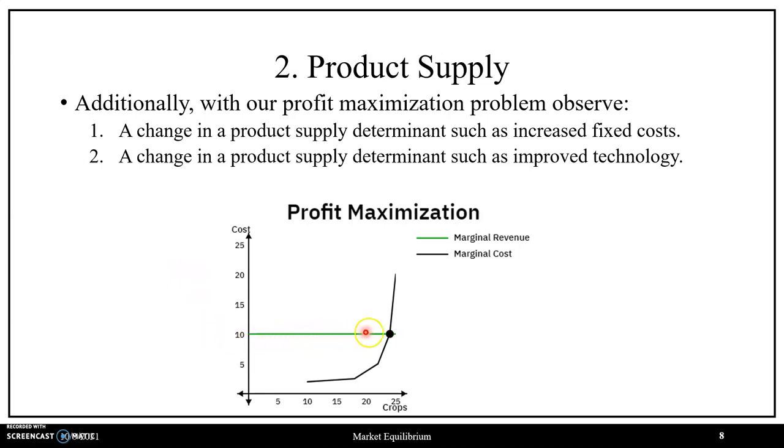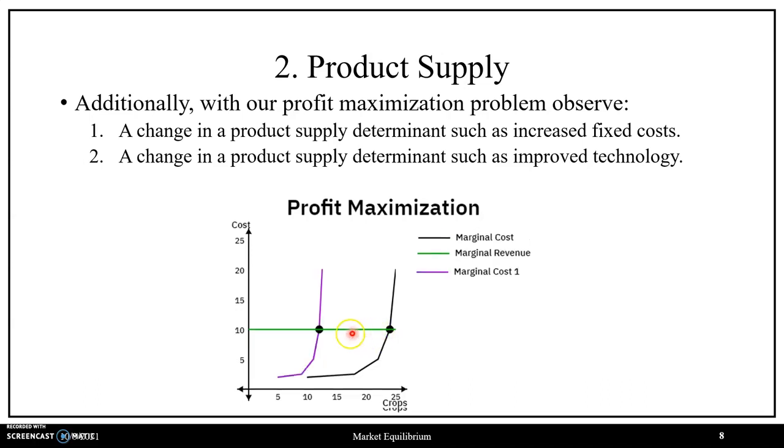Here we have our original marginal revenue curve and our original marginal cost curve. With fixed costs increasing, this corresponds to a leftward shift in marginal cost, in which we now have this marginal cost curve 1 in purple, in which we see quantity produced and sold has declined, holding price constant, which verifies a change in product supply to the left.